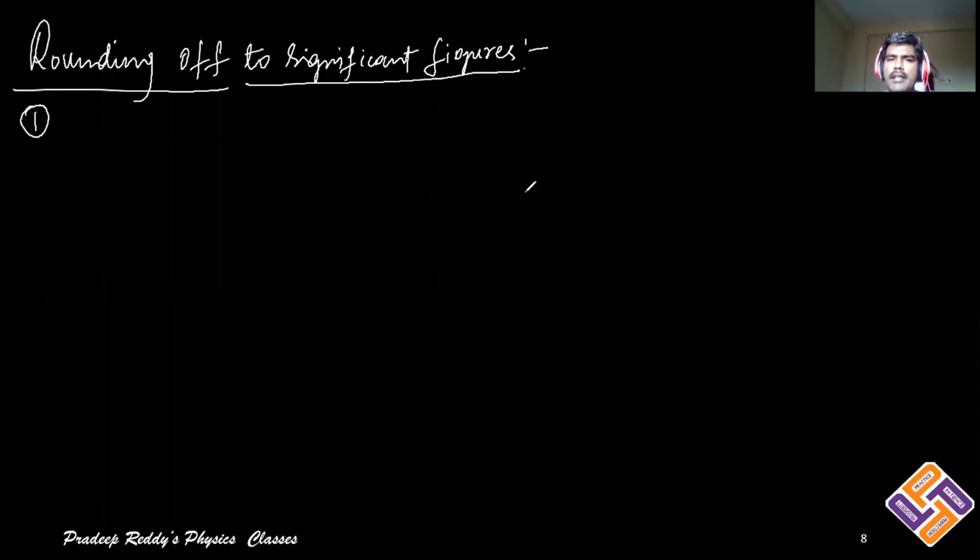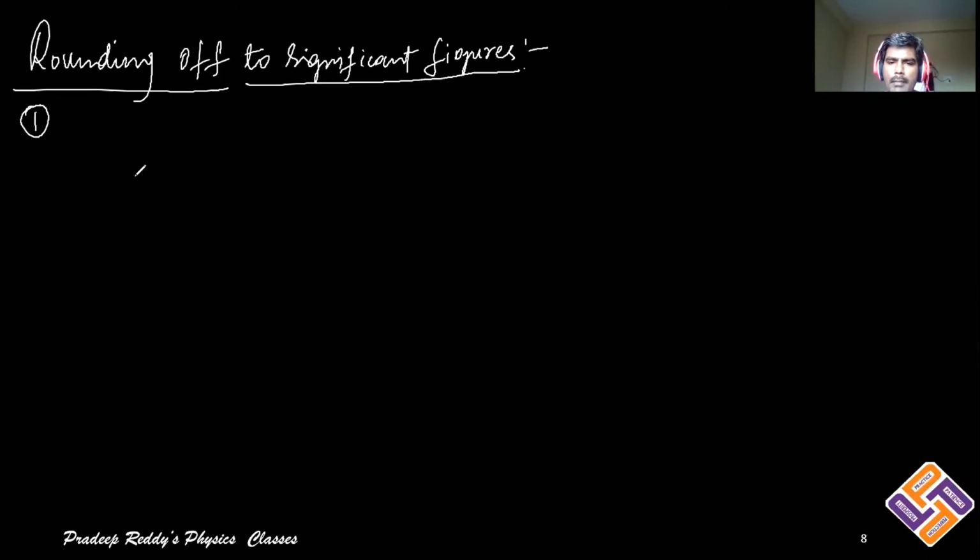So whenever we are getting more significant figures than required, you need to round them off. You need to decrease the number of digits to the least value. In such cases, we will be using the rules of rounding off.